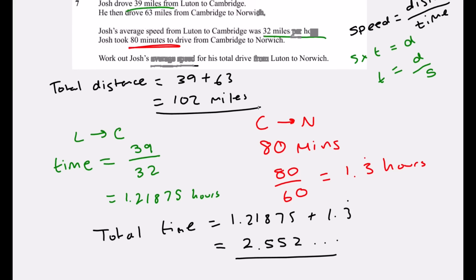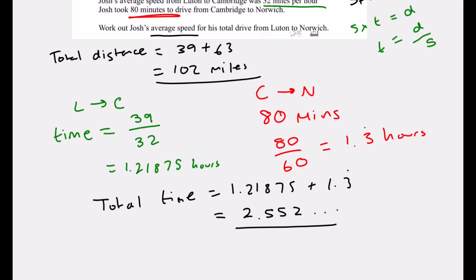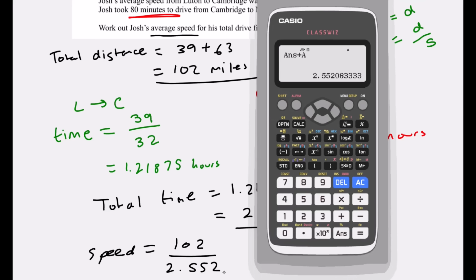I know my total distance, so I just need to do distance over time. So speed is 102 over 2.552. That's still in the calculator. So I'm going to do 102 divided by my answer. And this is the average speed.